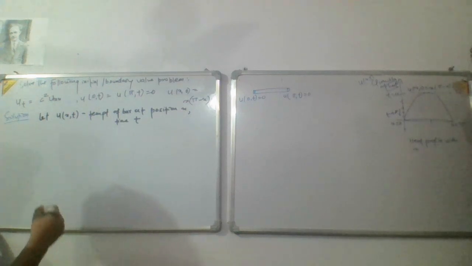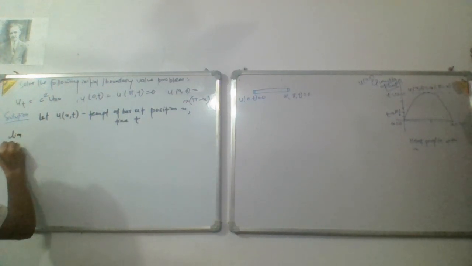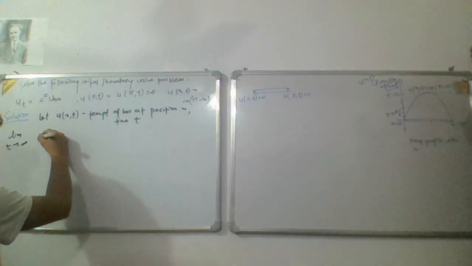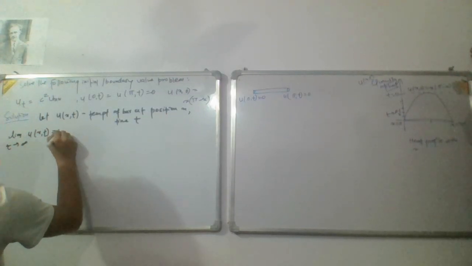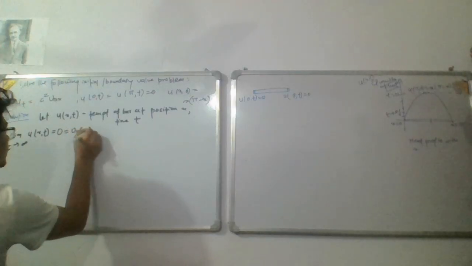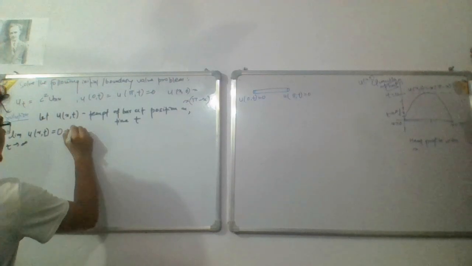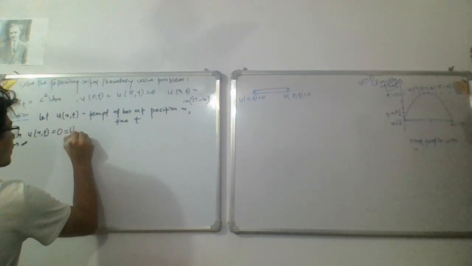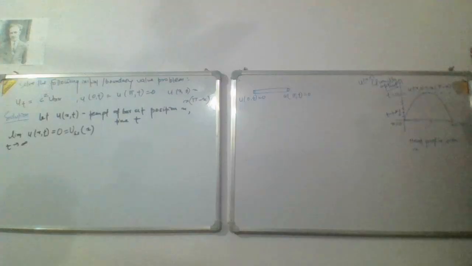Then our intuition is that when time tends to infinity, the temperature fades away and becomes equal to 0, or equal to the surrounding temperature. That we can say to be the steady state solution.